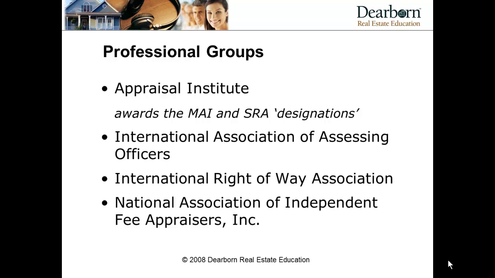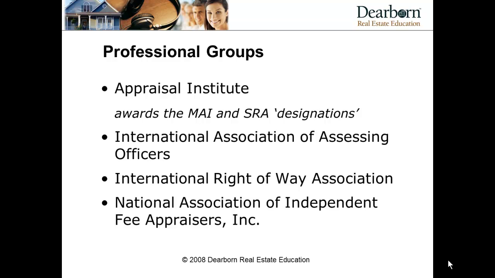MAI is frequently noted in commercial lending and commercial valuation requirements. For example, banks or government agencies may state that an MAI is required for appraisals for any purchases of real estate they're going to make.